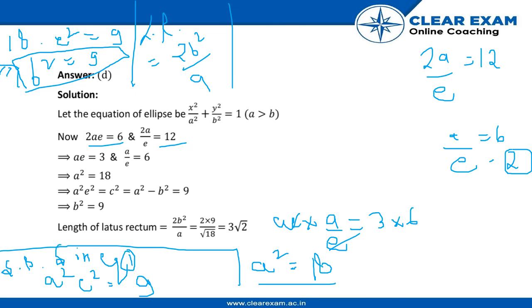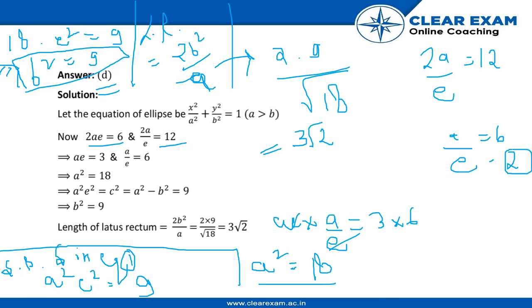Now just put the values of 2 into b square, that is 9, upon a, and the value of a is root 18. So this comes out to be 3 root 2. So our option D is our correct option.